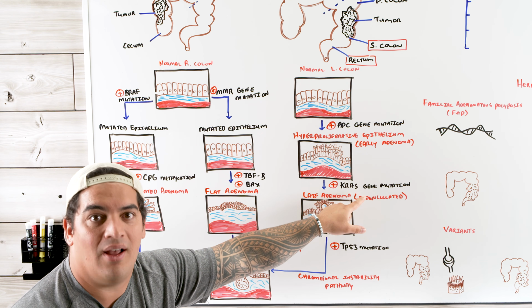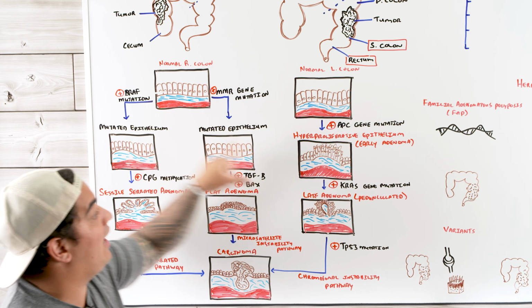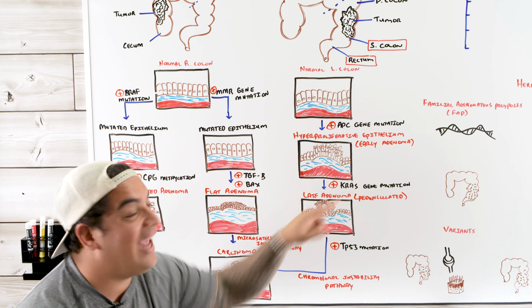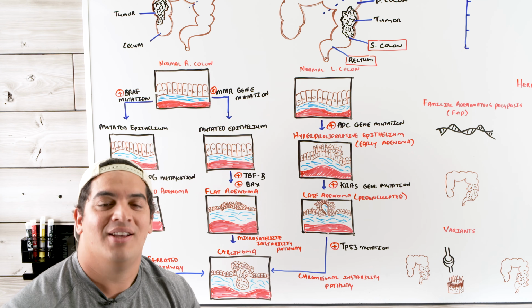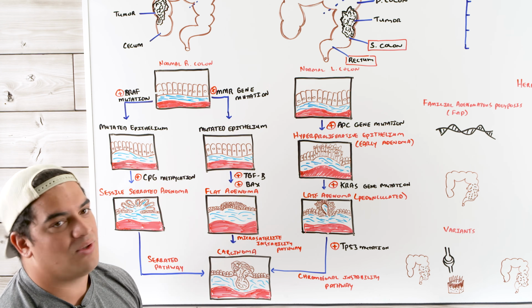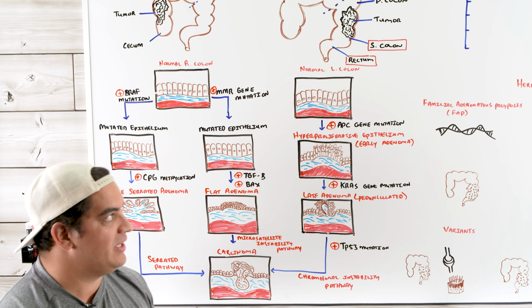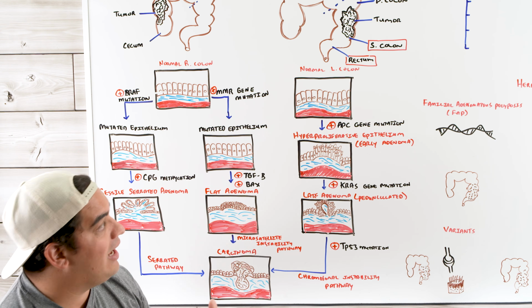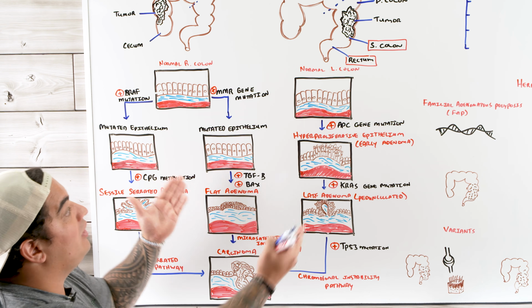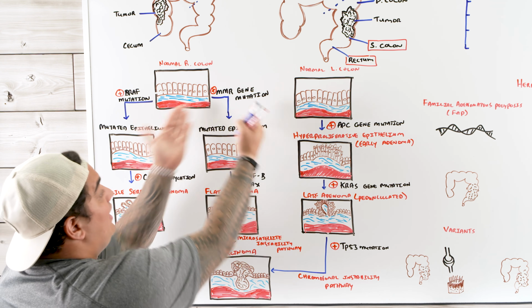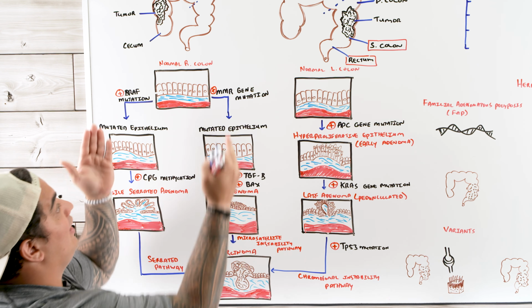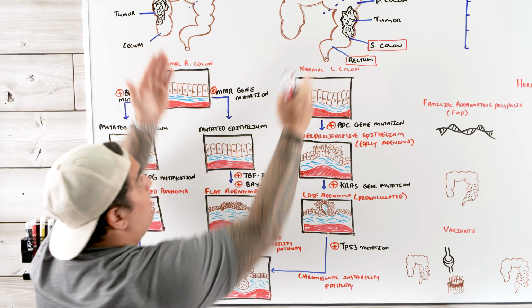We have to give something else. But if they don't have the KRAS and the BRAF mutation, we can give growth factor blockers. So that's why I'm trying to introduce this to you, because we'll talk about it a little bit in the treatment section. All right, let's move on now and talk about what are the things that put these patients at risk for these types of mutations to turn these tissues into these big whopping tumors.